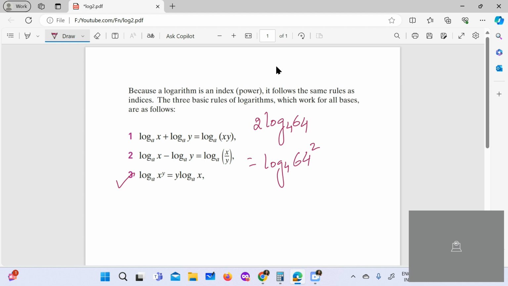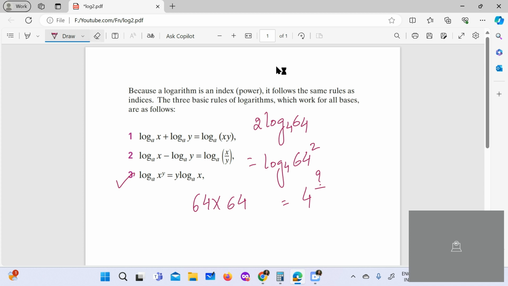Okay, now we have to see what power of 4 will give me 64 squared, right? So what is 64 squared? I have to write this as a power of 4, correct? So, what is 64 actually?